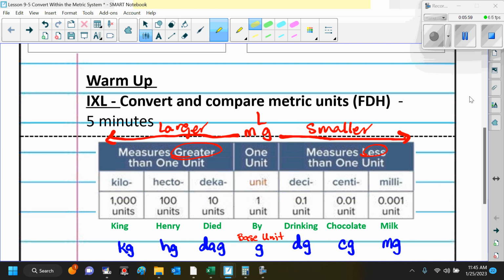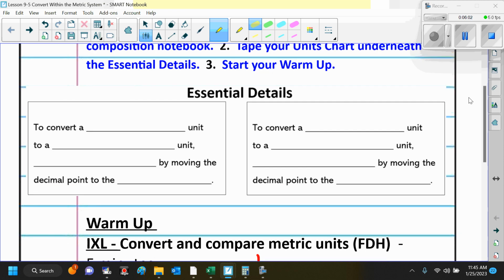So let's go back up to what you wrote down before class. Let's fill this in, okay? So if we are converting, we want to convert a smaller unit to a larger unit. So if I want to go from smaller to larger, what operation am I going to do? Am I going to multiply or divide? If I'm going from smaller to larger, we're going to divide.